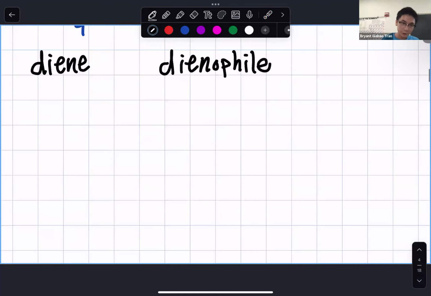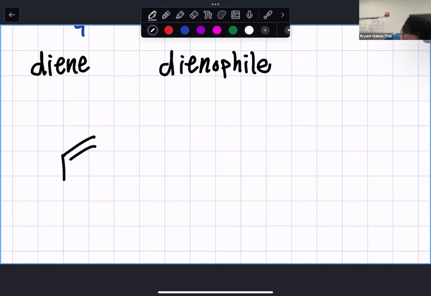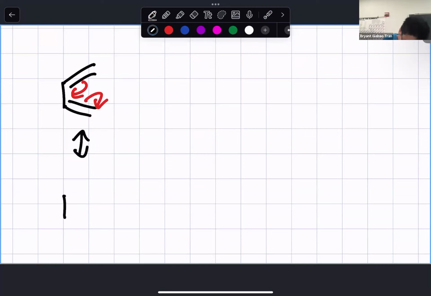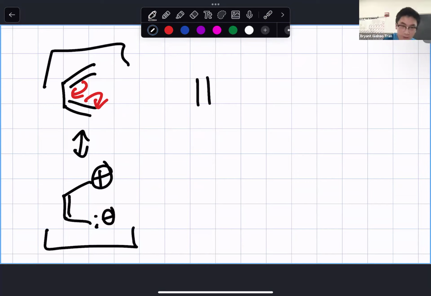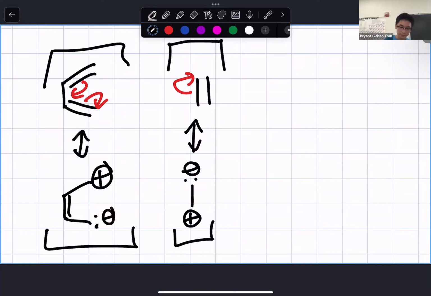So here's the electronic reasoning behind that. When we draw, let's say, a resonance structure of the diene, we are going to get this resonance structure here. When we draw the resonance structure of a dienophile, we are going to get this resonance structure here. Right? Where we see the negative charge is aligned with the positive charge.